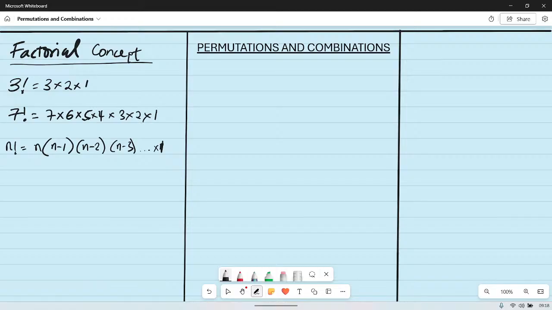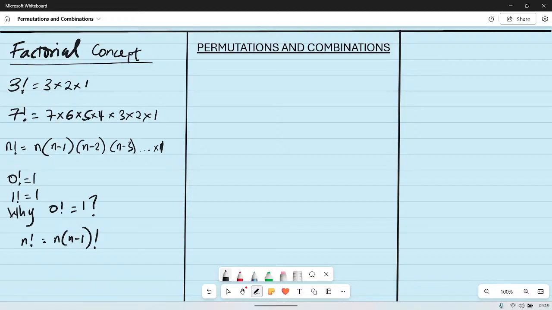Now, another concept you have to know is that 0 factorial is also 1, and 1 factorial is also 1. Now, why is 0 factorial equal to 1? Let's see something. We know that n factorial is the same as n times n minus 1 factorial.